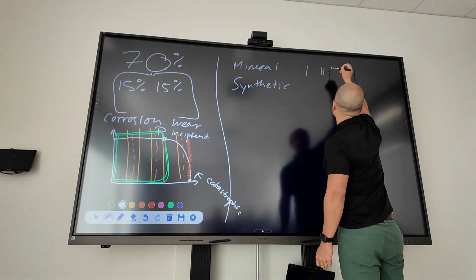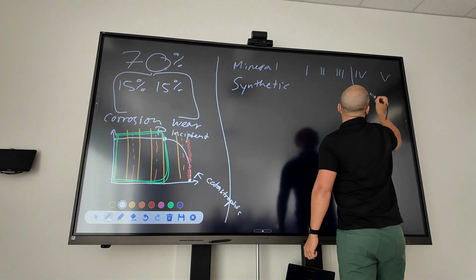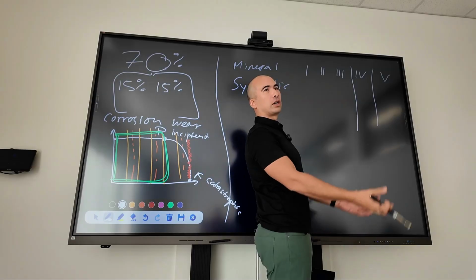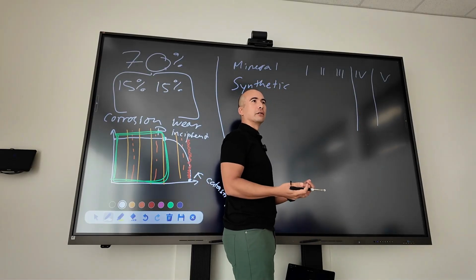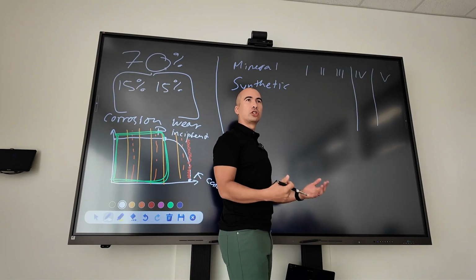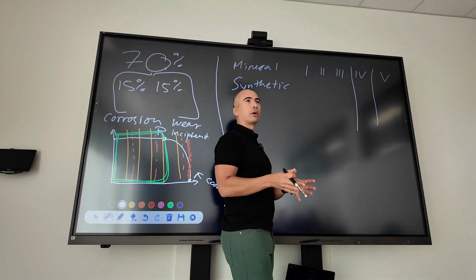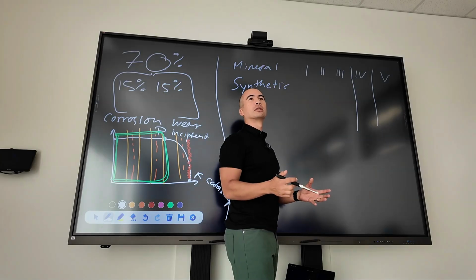So you had 1, 2, 3, 4, and 5. Groups 1, 2, and 3 are the ones where crude oil comes out of the ground. We talked about that as being like a box of Lego, all different molecules, shapes and sizes, and then the refining process gives us the Lego blocks that we want.